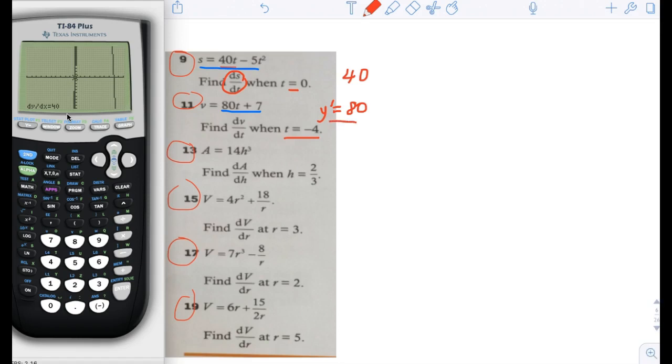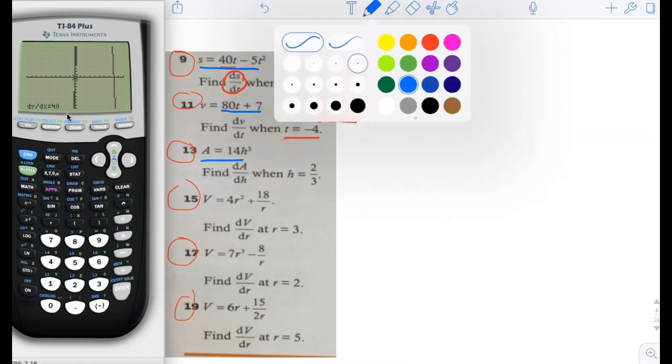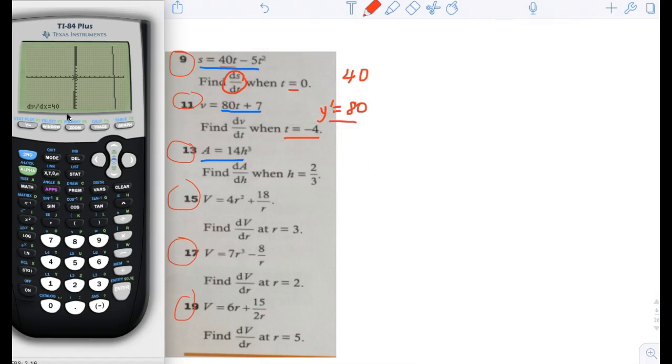Maybe it's more fun. So the next one, we have a blue function, which is 14h cubed. We are going to take the derivative of it. It'll be 14 times 3h squared. 3 times 14 is about 45, slightly less. I think it's 42h squared. Now I'm going to plug in the value 2/3.